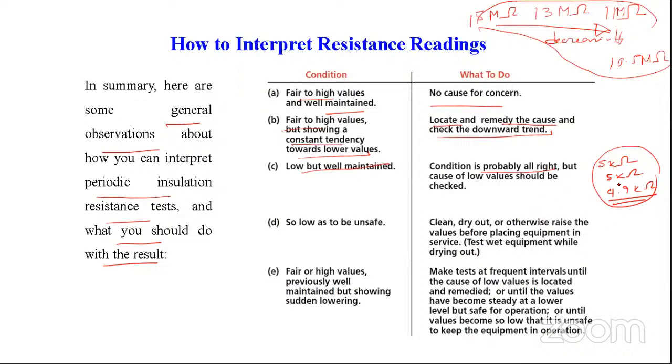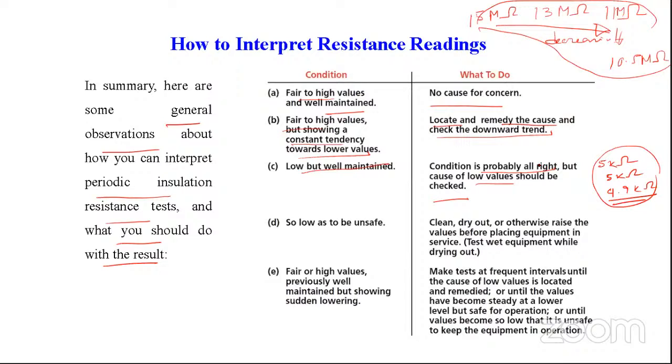Maybe there are two reasons. After a certain time of operation, if the insulator is aged, that is why it provides low resistance. But some causes of low values should be checked.